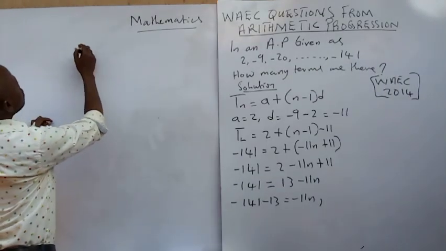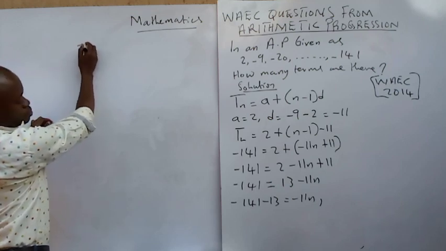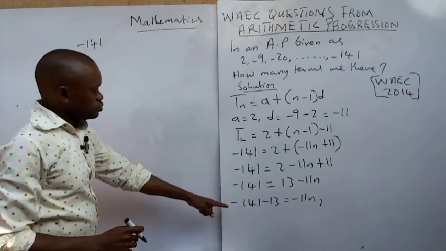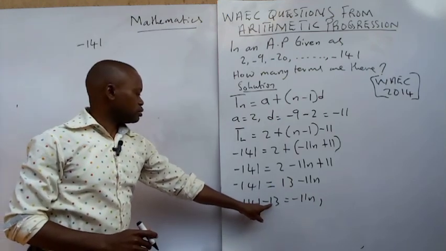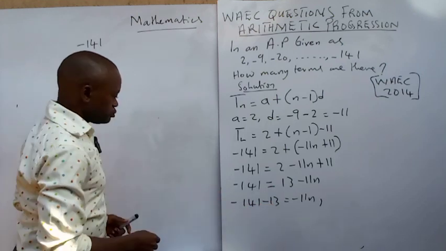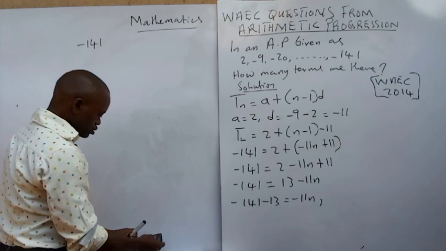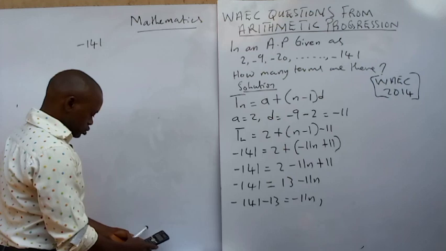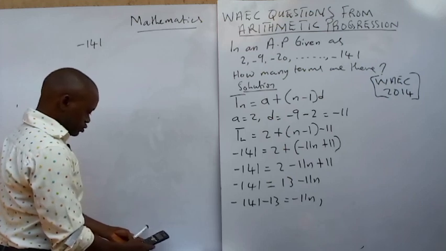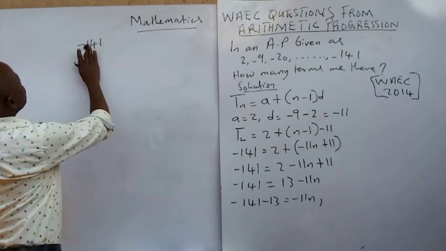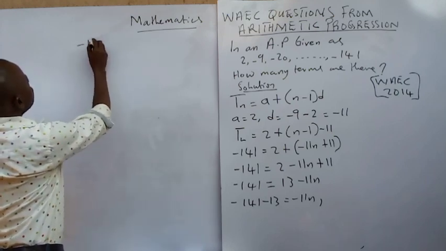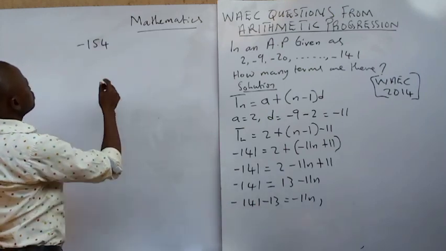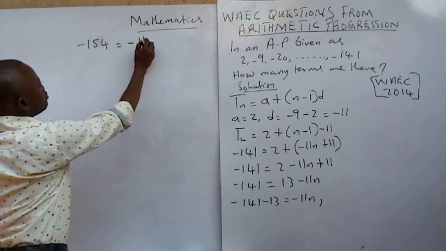Minus 141 minus 13, let me check it in my calculator. 141 plus 13, though the result will be negative, it's 154. So we have minus 154. This is double subtraction. I'm sure you understood that. Minus 154 equals minus 11n.